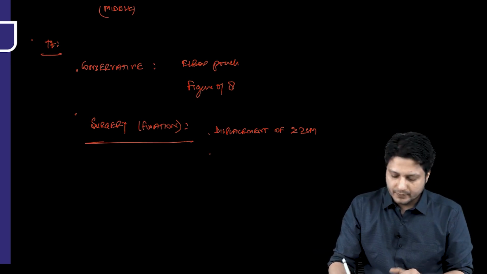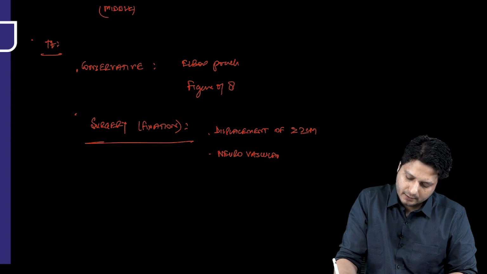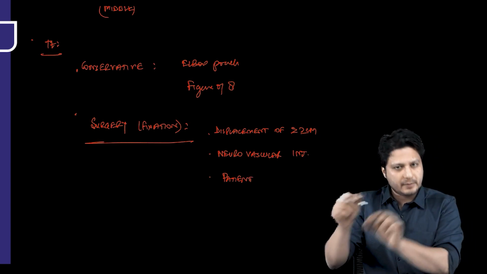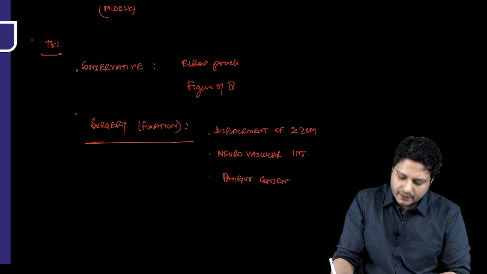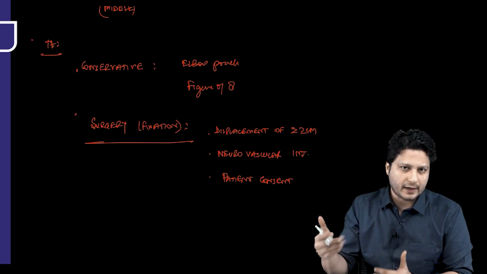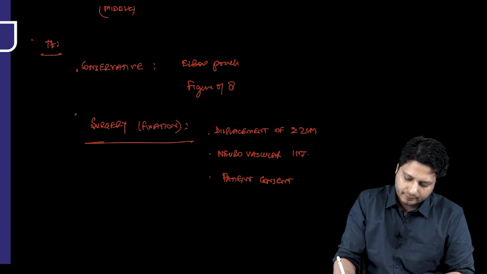Then point number 2 is that if there is a neurovascular injury. Point number 3, based on the patient's consent, that if the patient is giving consent that I want to get it fixed by surgical means, so if the patient is interested, all right, so these are considered to be the relative indications for the fractures of the clavicle, and if it is associated with the floating shoulder.